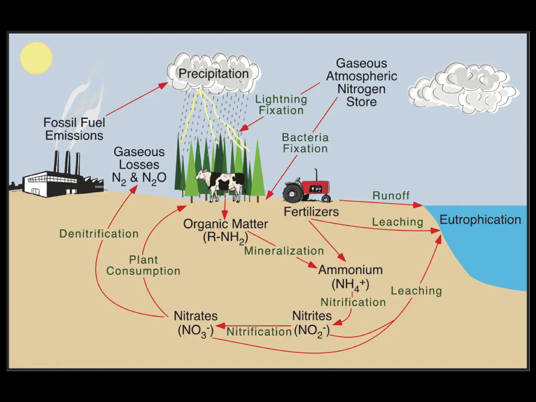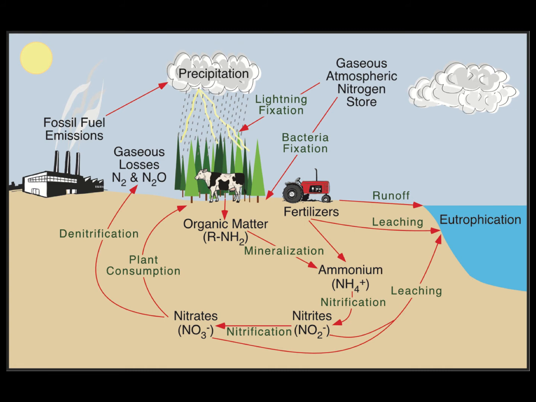So this diagram represents the nitrogen cycle and the major stores and the major processes that move nitrogen from one store to another. Now, this one, as I said, is a little trickier, and we're going to see that nitrogen exists in so many different chemical forms in this cycle.